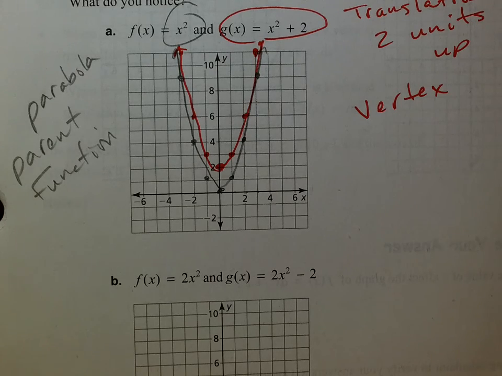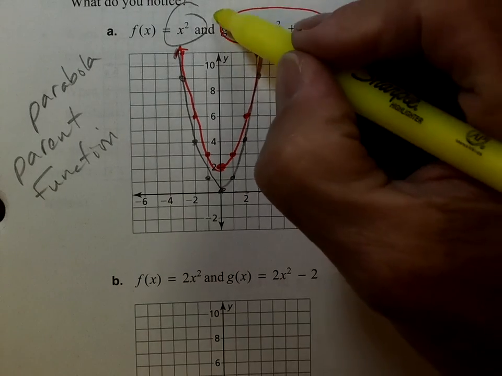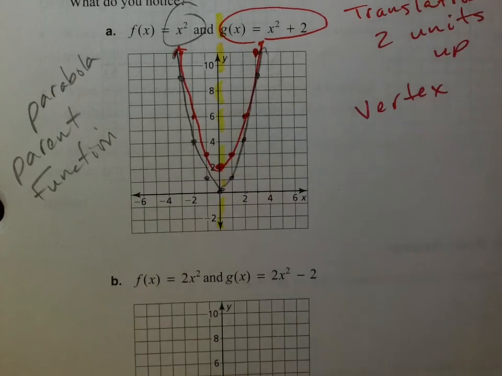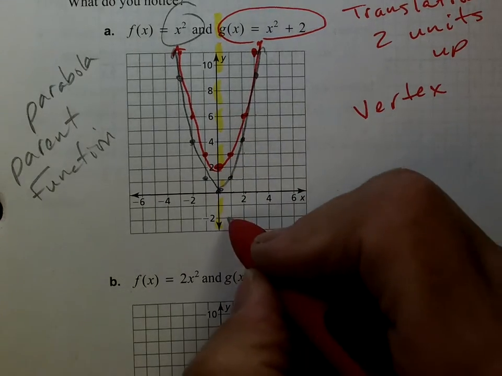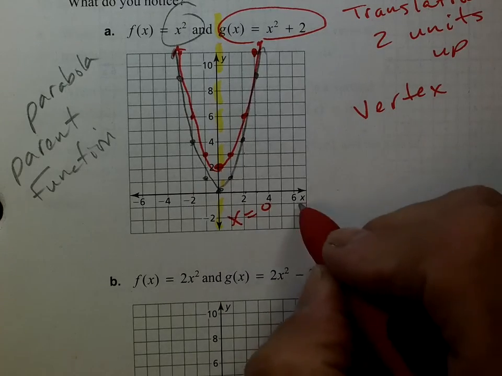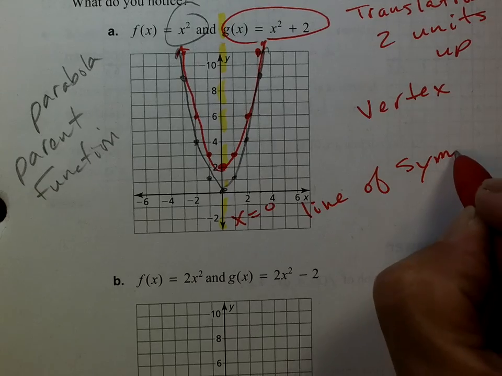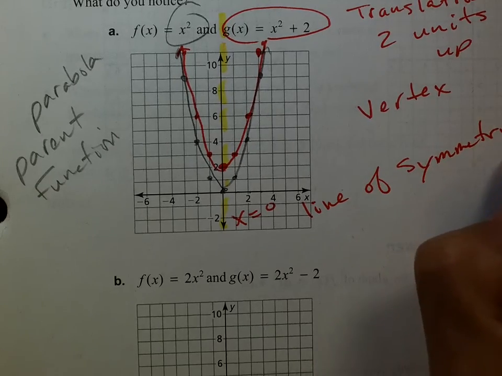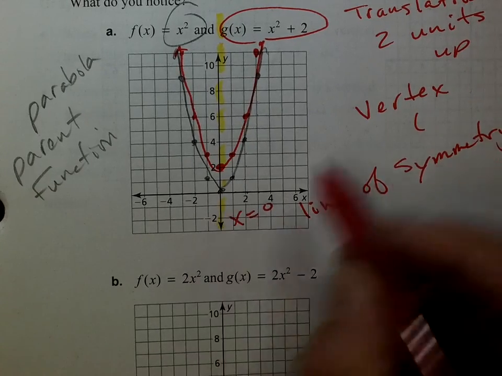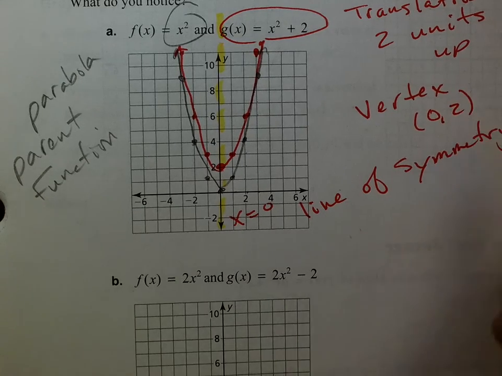It still is going to have a line of symmetry right down the middle, right? And that line of symmetry is x equals 0. That's my line of symmetry. My vertex is at the point 0, 2. Okay, I'll step back.